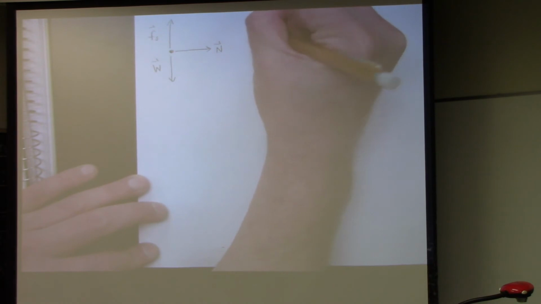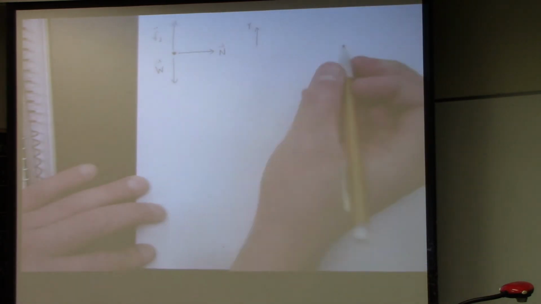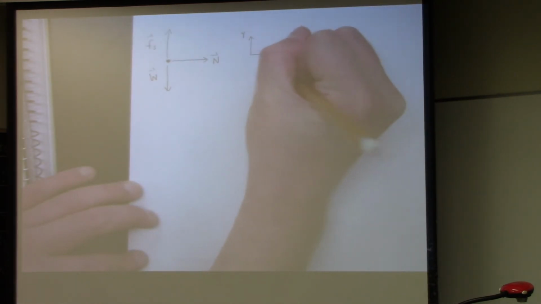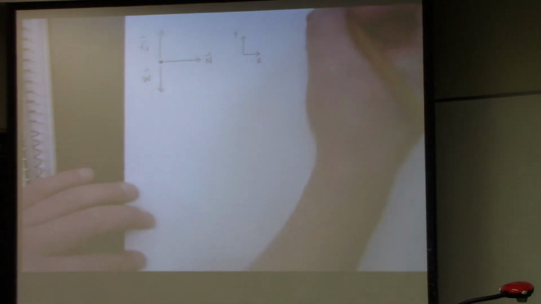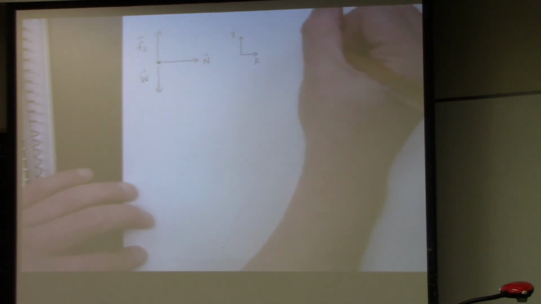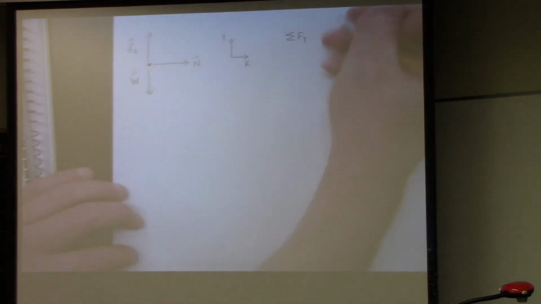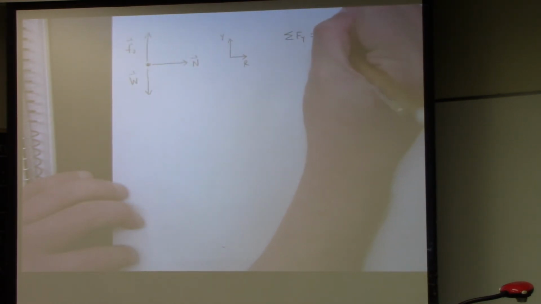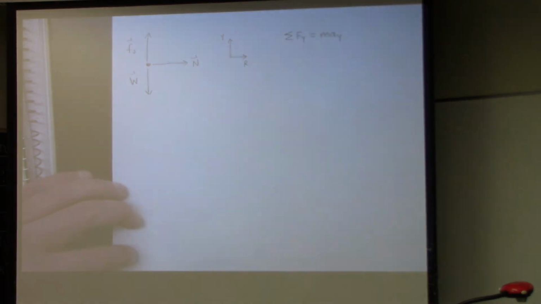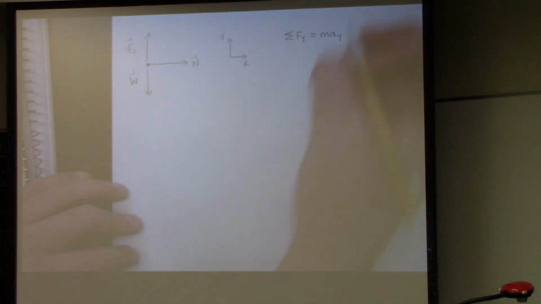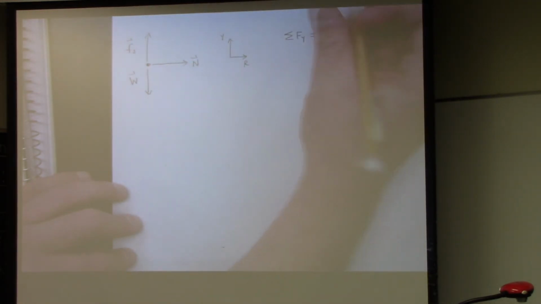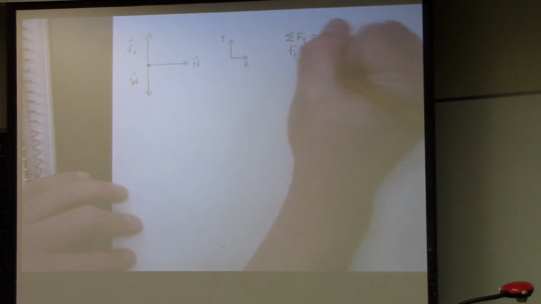And in terms of our axes, we have a y direction and an r direction, just like before. So what are we going to do? We're going to apply Newton's second law, F equals ma, to both directions. Net force in the y direction is equal to m times a_y. Okay, so what forces act in the y direction? We have static friction going straight up, so that gets a positive sign.